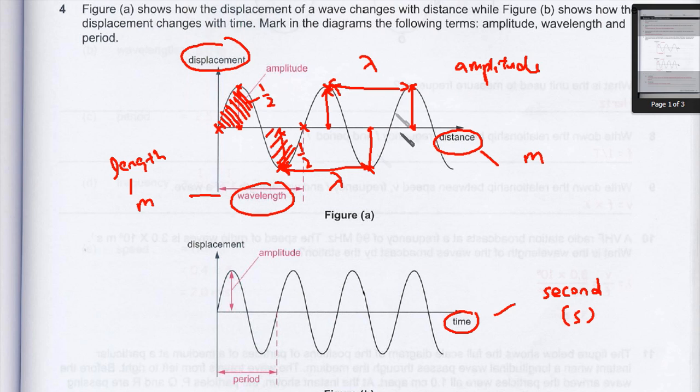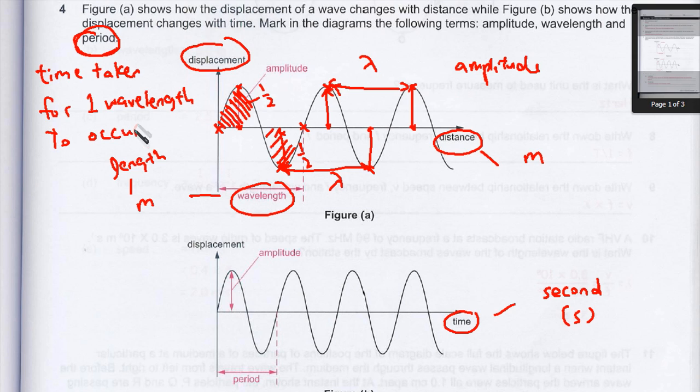This is very important. Next, they are asking you to find the period. Now, what's the definition for period? The period is the time taken for one wavelength to occur. So over here we can find period in a displacement-time graph, but we cannot find period in a displacement-distance graph, because period is related to time. So for period, the SI unit is also seconds. We can only find period under a displacement-time graph.